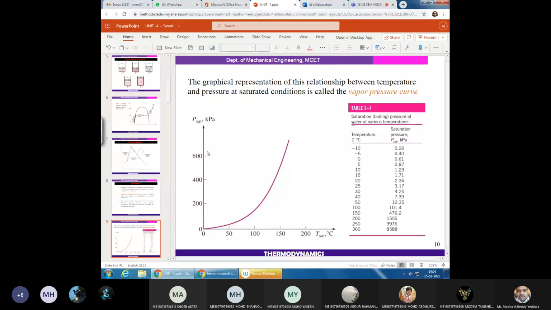This graph shows the relation between the saturation pressure and saturation temperature. At 100 degrees centigrade, the water boils at 1 bar pressure, that is 100 kilopascal. And if you increase the pressure, the temperature keeps on increasing. This is the graph.